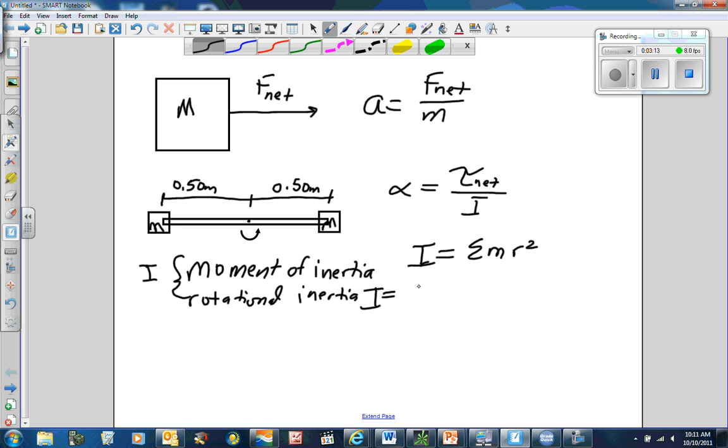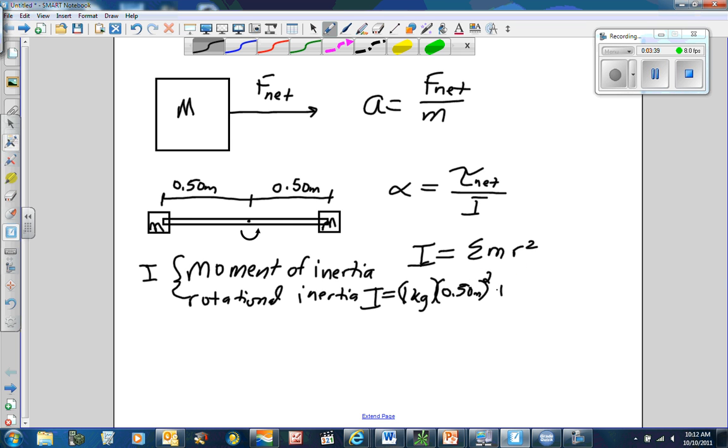There we go. I'm going to say these masses are 1 kilogram each. So 1 kilogram times how far away that mass is from the pivot point, 0.50 meters, squared. 1 kilogram times 0.5 meters squared gives me 0.25 kilograms times meters squared.